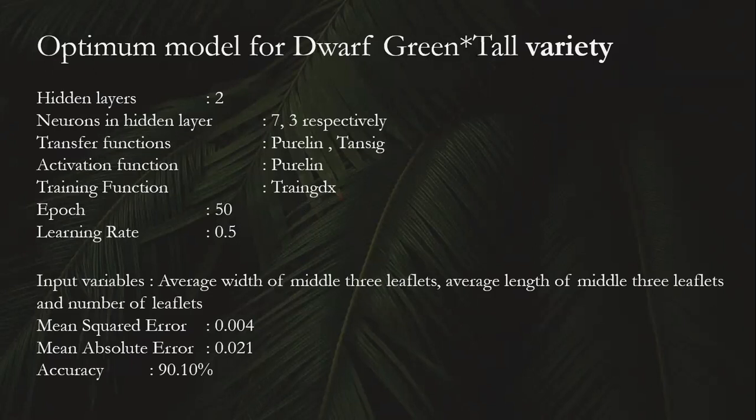Those are the model details for the dwarf green tall variety. It has average width of middle three leaflets, average length of middle three leaflets, and number of leaflets as input variables. It also has high accuracy and low error.